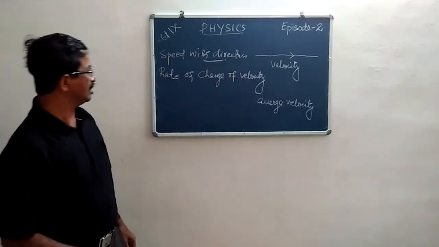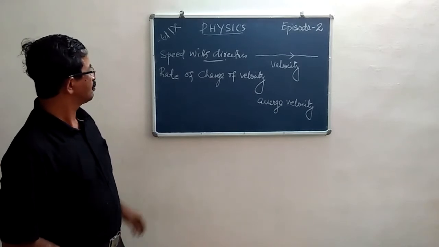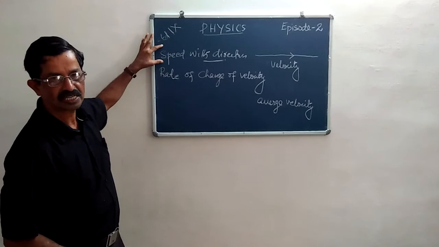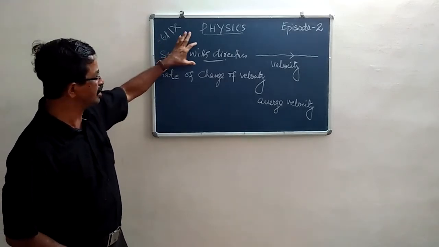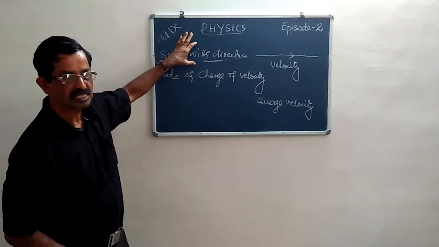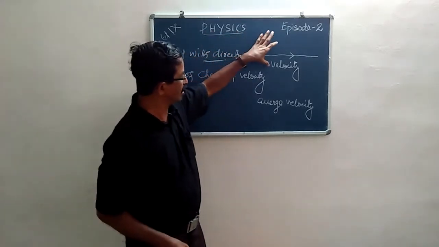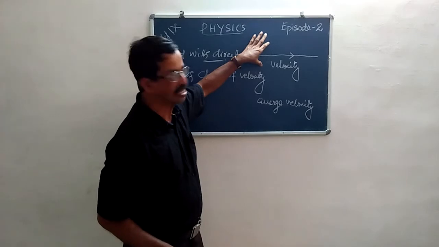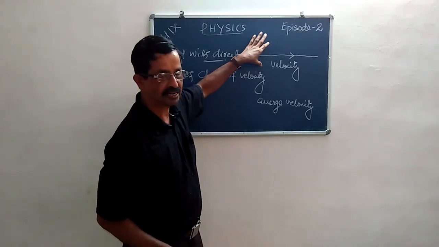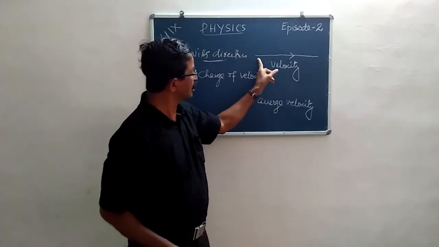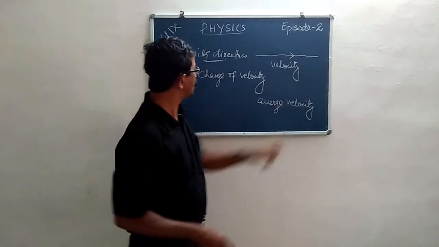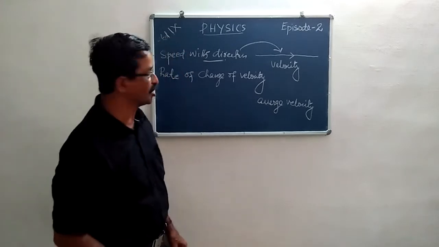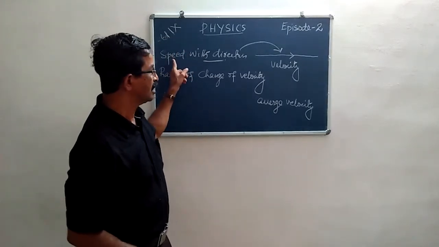In the first episode, we discussed lastly about speed with the direction. What is the term? Speed with the direction. Suppose a body is moving along a straight line with a uniform speed. Then here it is moving along a straight line. That shows direction and also speed.